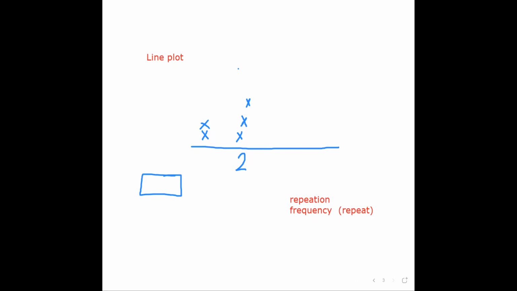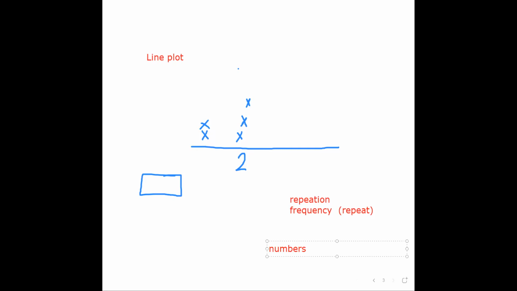And also, it's about numbers. What are things I use numbers in? Like the height, the weight, the time, the distance, the length, number of siblings, number of pets. If I measure numbers, I use the line plot.